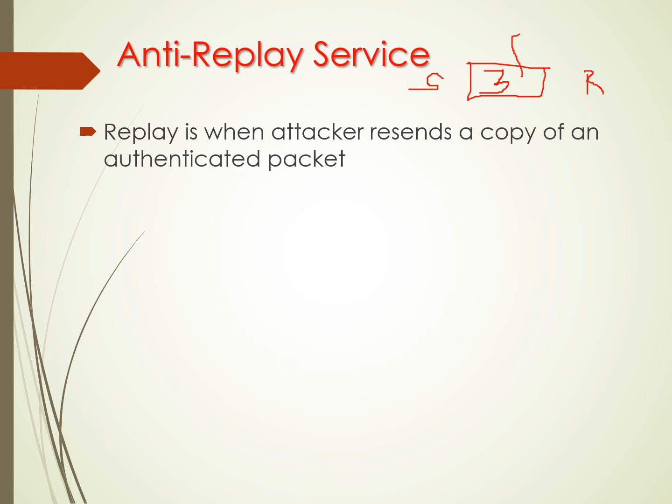But in between, this data packet is taken by the attacker, who modifies data packet 3 according to his wish and then resends it. The receiver has already received that data packet, but the second time he should not accept the same data packet number 3, because this time it is not from the actual sender, it is from the attacker.